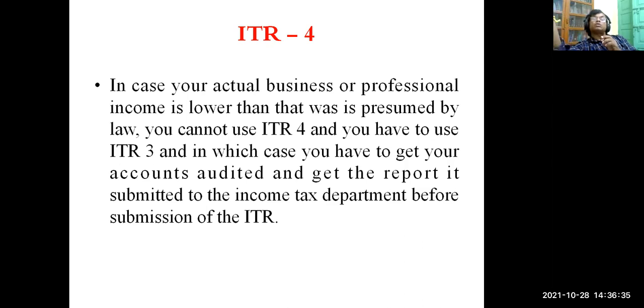You have to submit the audited accounts and audit report to the income tax authorities, and then you can submit ITR 3, but you cannot submit ITR 4, in the case when your actual business or professional income is lower than that presumed by the law. So this is the small presentation, and we shall definitely study again this ITR 4 and who can use and who cannot use ITR 4.